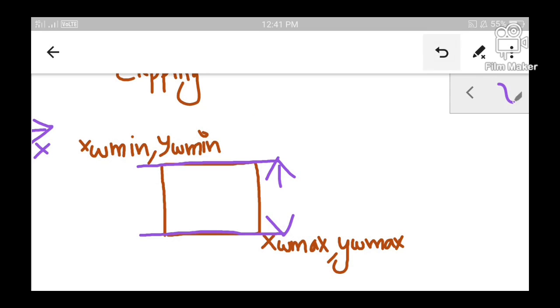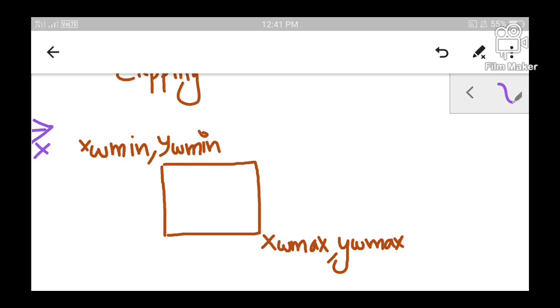So these 4 values, which represent the left, right, top and bottom boundaries, show the region of the window within which it is defined. Any point which lies within the boundary will have to be saved, and if a point lies outside the boundary, it has to be clipped off.